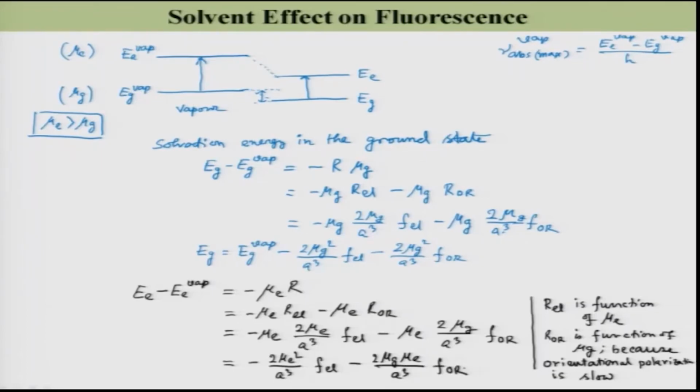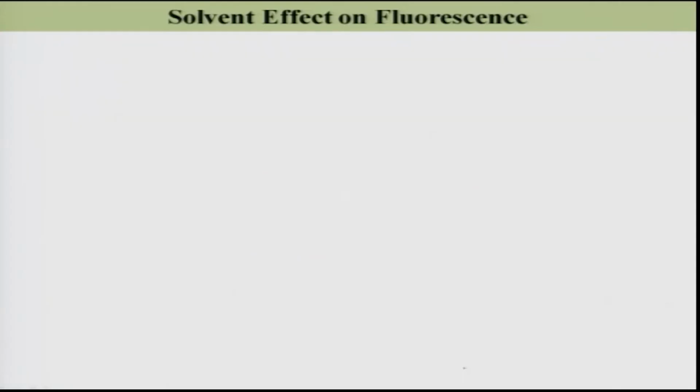So, I can write this as E equal to E vapor minus twice mu E square by a cube f_EL minus twice mu g mu E by a cube f_OR, right.